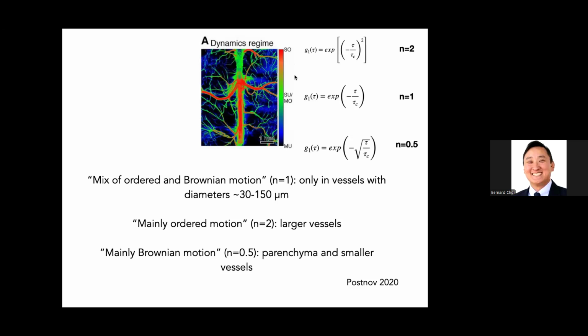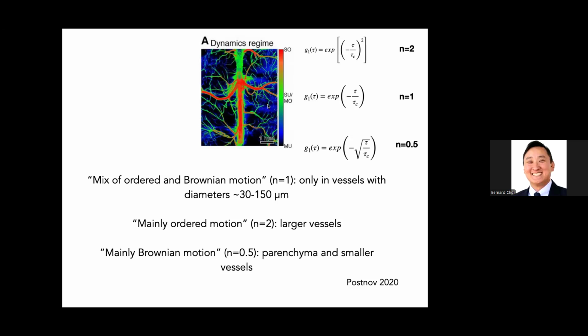It's a little bit of a confusing graph, but the red is showcasing the large vessels. The green is some transition between the large vessels and the smaller vessels. And then this blue-black area is mainly the areas that don't have obvious vessels that you can image. It's called the parenchyma in the brain.